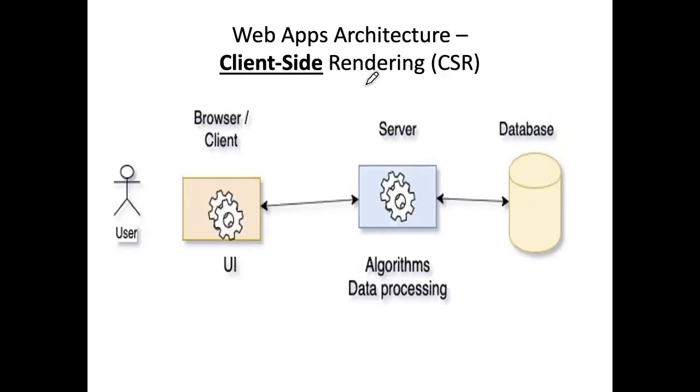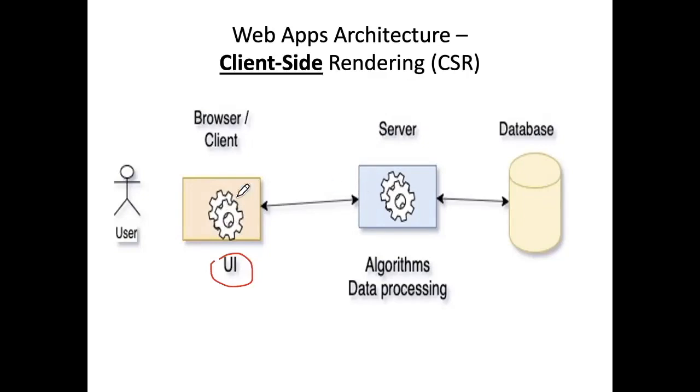The next generation, which is what we're interested in, are client-side rendering web apps. And you can see now in my picture that there's a slightly better distribution of the workload that's going on here. Now the browser is actually responsible for generating the UI. So there's quite a lot of JavaScript loaded into the browser.